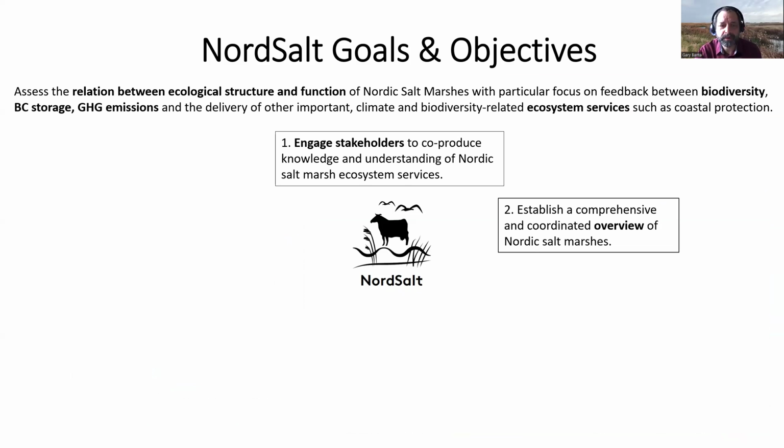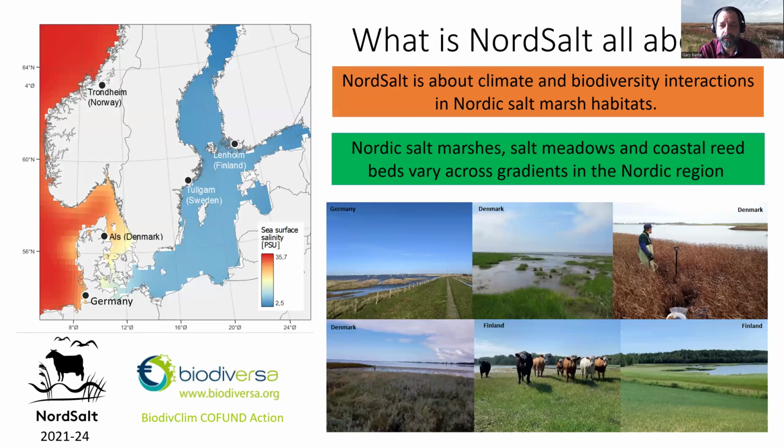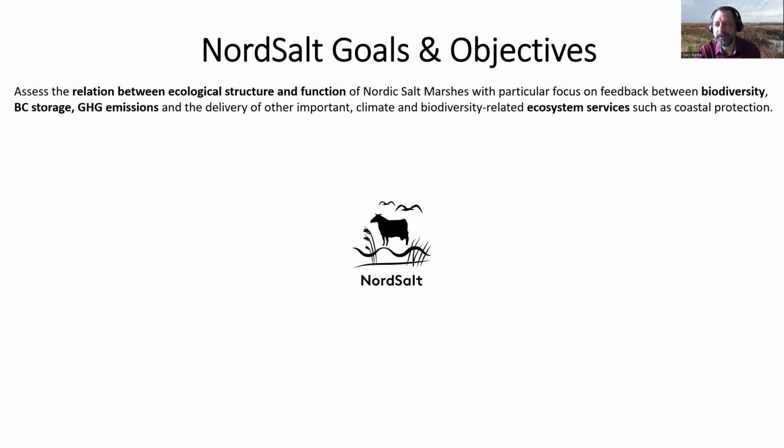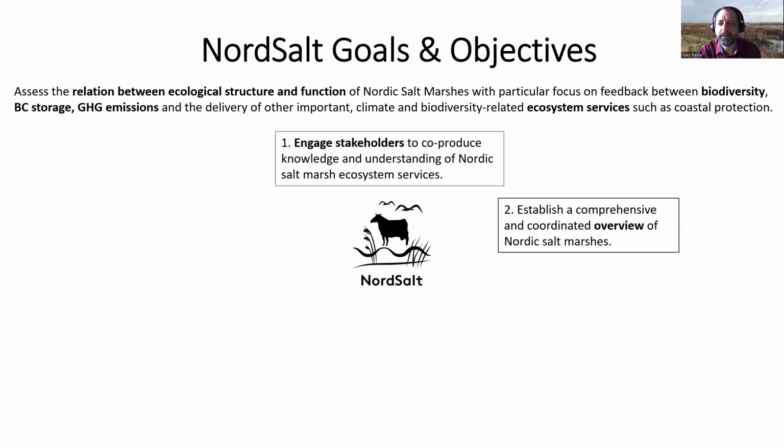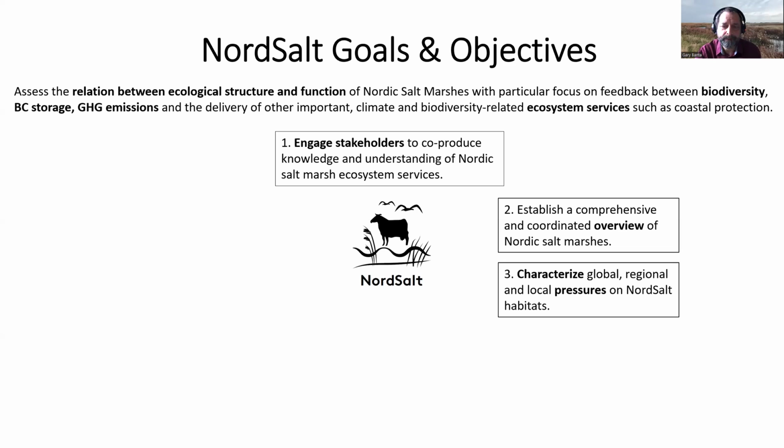One of the important tasks was to look at how stakeholders view these habitats. We also want to look at the distribution of these habitats. We also wanted to look especially at climate-related carbon cycling processes going on. We also wanted to look at how these habitats are changing over time and what kind of local management or other pressures are involved.